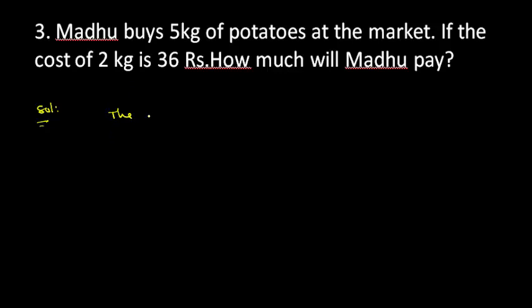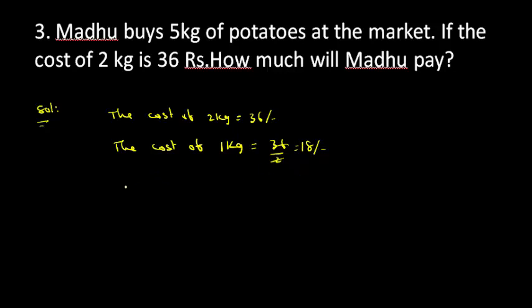The cost of 2 kgs equals 36 rupees. The cost of 1 kg equals 36 by 2, equals 18 rupees. The cost of 1 kg potato is equal to 18 rupees.